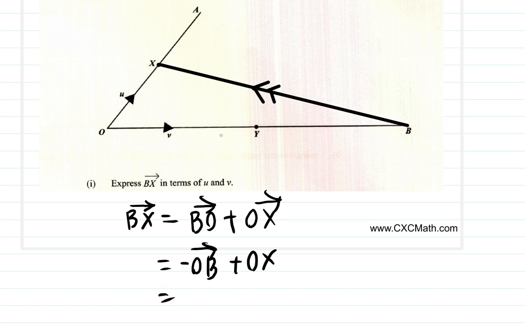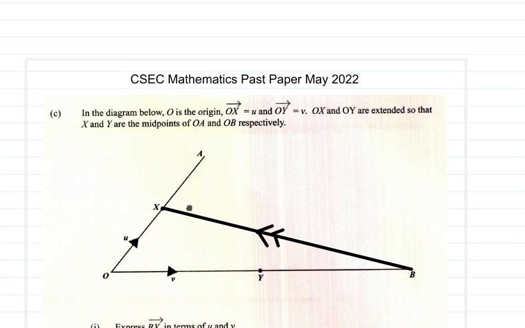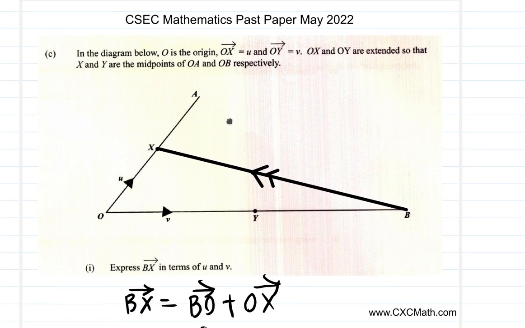So OB would be 2V. So it's negative 2V plus OX, which is U. So it's negative 2V plus U. So BX in terms of U and V is negative 2V plus U. So that's what you have there.